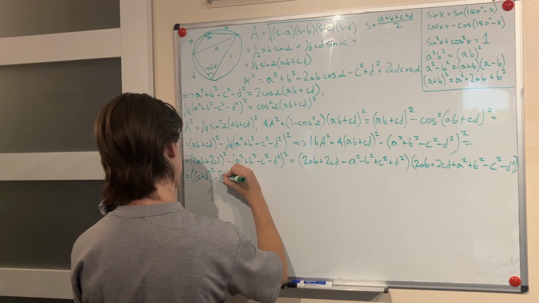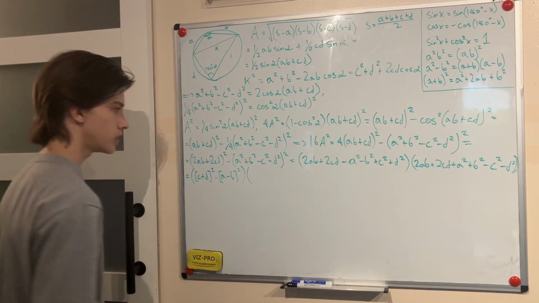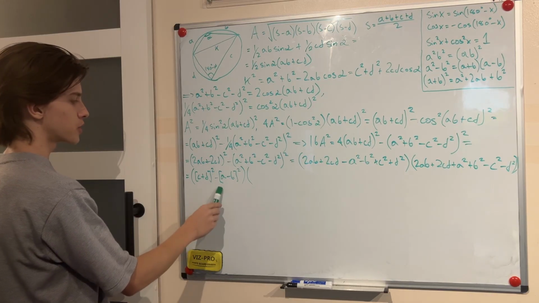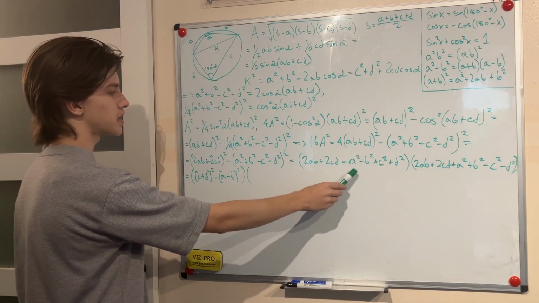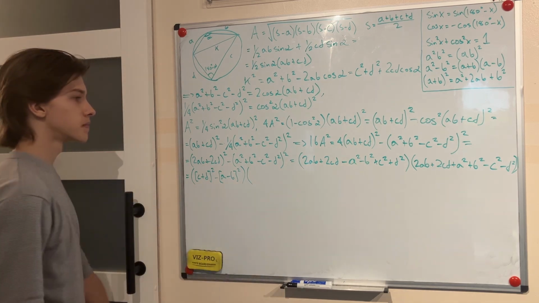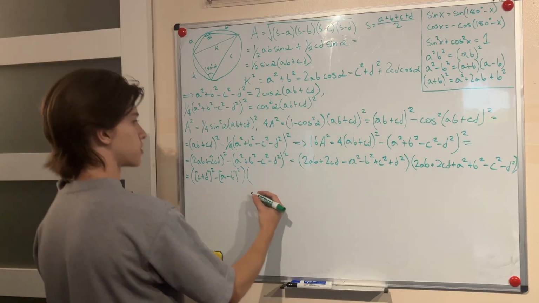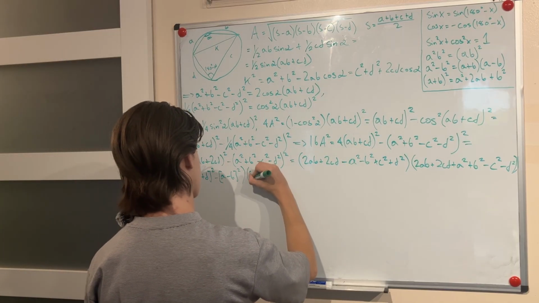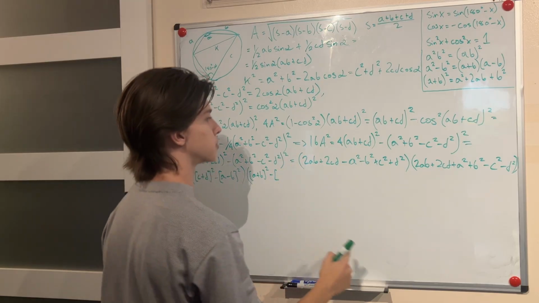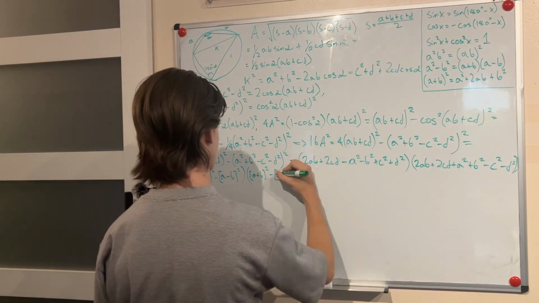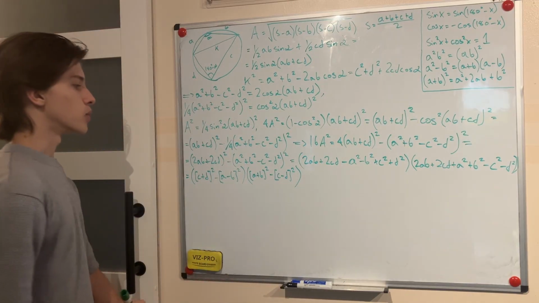Because when we multiply this, we get positive a, positive b, negative 2ab, but here it's the opposite: minus a, minus b, positive 2ab. And we can do the exact same move in the second bracket. We have (a plus b) squared, then minus (c minus d) squared. There we go. And that is all multiplied.